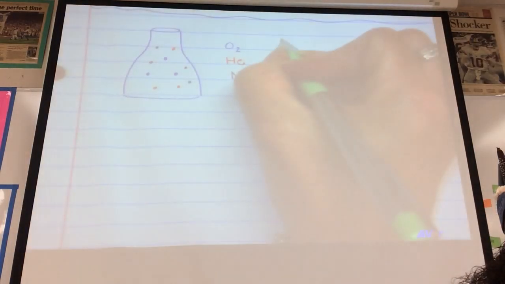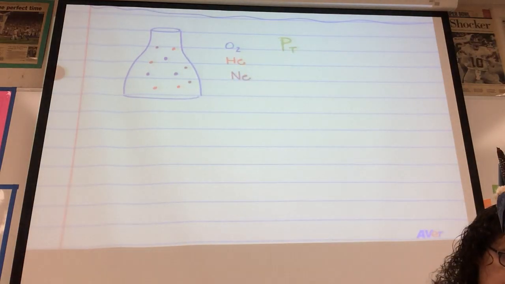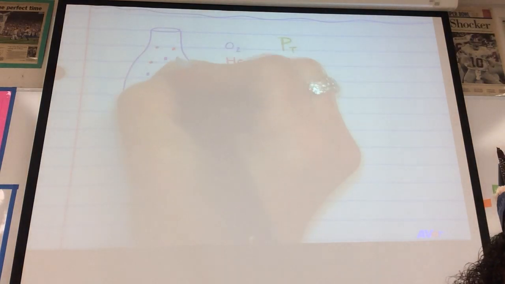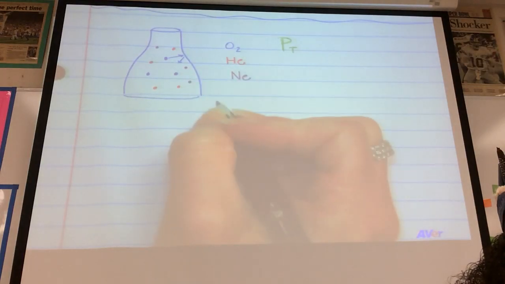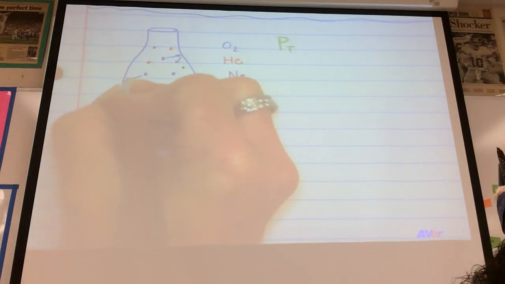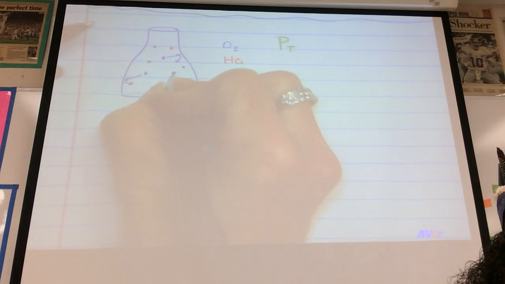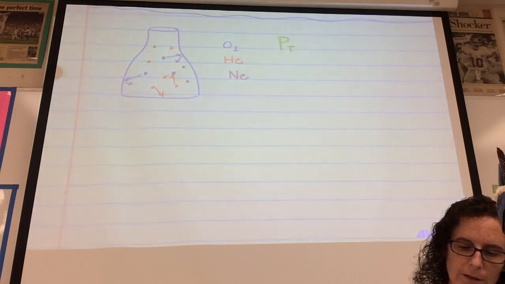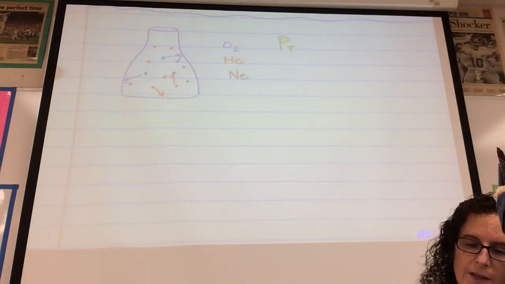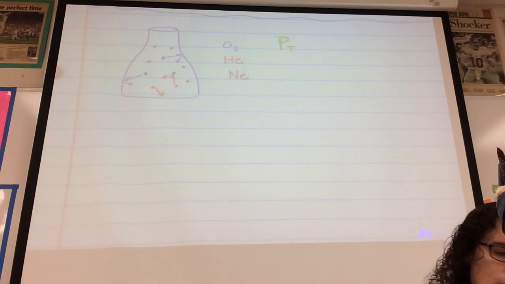The total pressure that these gases exert, and keep in mind that gases move in a straight line fashion, exerting pressure on the walls of the container. The only thing that will change its path is a collision with the walls of the container or with another gas molecule. So the total pressure is equal to the sum that all the partial pressures exert.